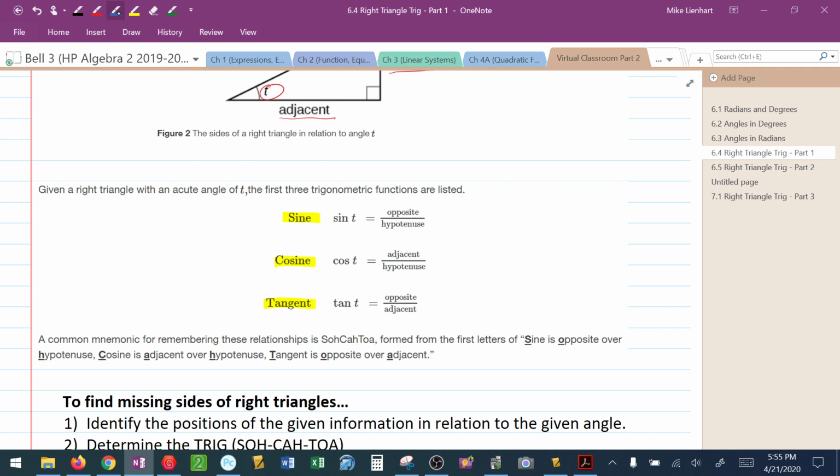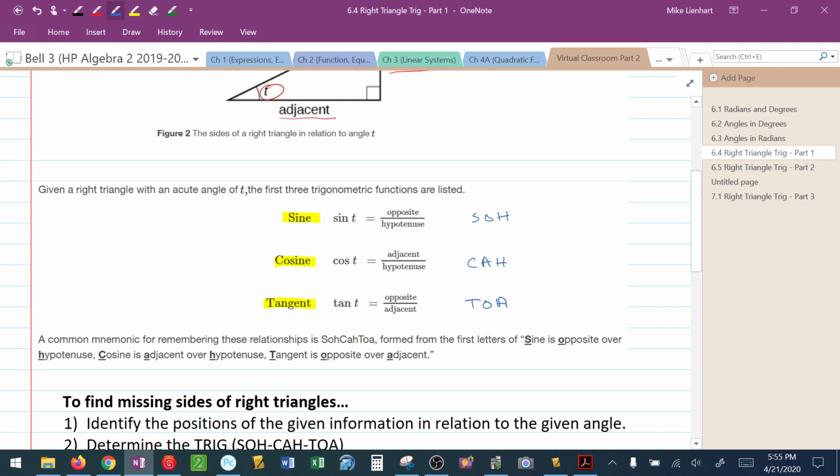What we came up with in the past is a quick way to remember these ratios. We have SOH, CAH, TOA, known as SOHCAHTOA. The sine function is opposite over hypotenuse, the cosine is adjacent over hypotenuse, and the tangent is opposite over adjacent.